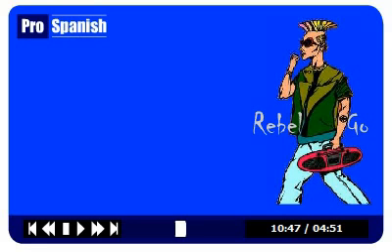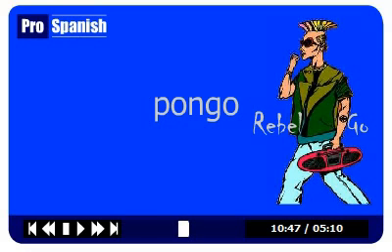The last one we are going to learn now is this. To put is poner. And I put is pongo. P-O-N-G-O. A nice sounding word. Pongo. I put. So see if you can remember all 5.